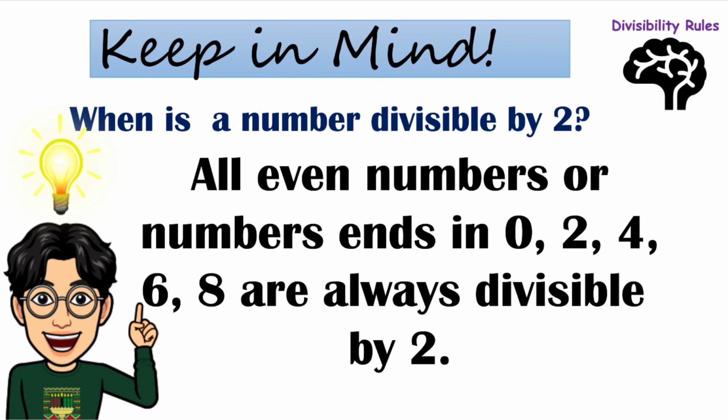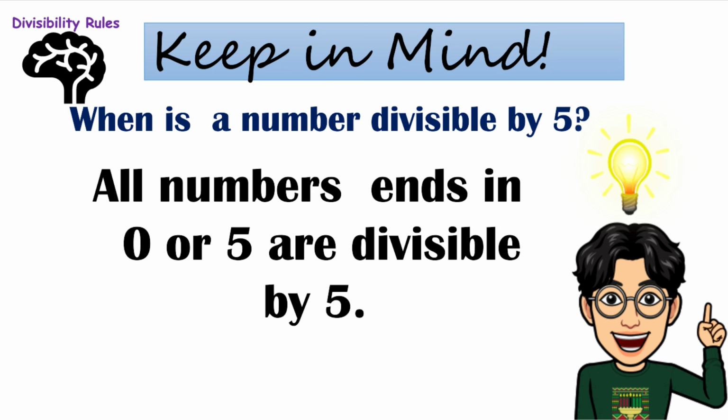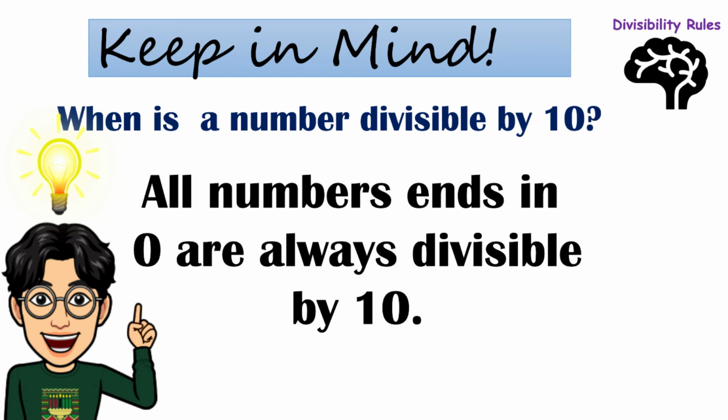Always keep in mind that all even numbers, or numbers that end in 0, 2, 4, 6, 8, are always divisible by 2. All numbers that end in 0 or 5 are divisible by 5. All numbers that end in 0 are always divisible by 10.